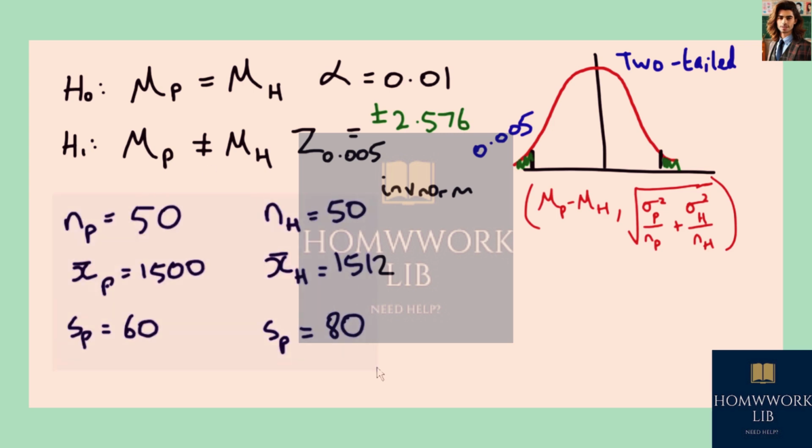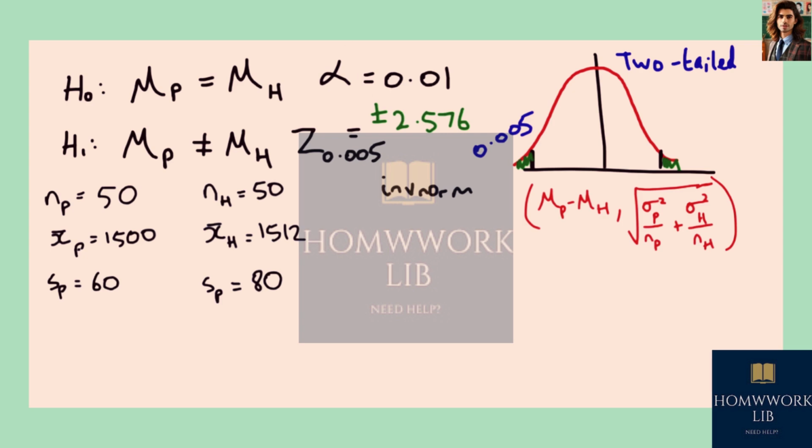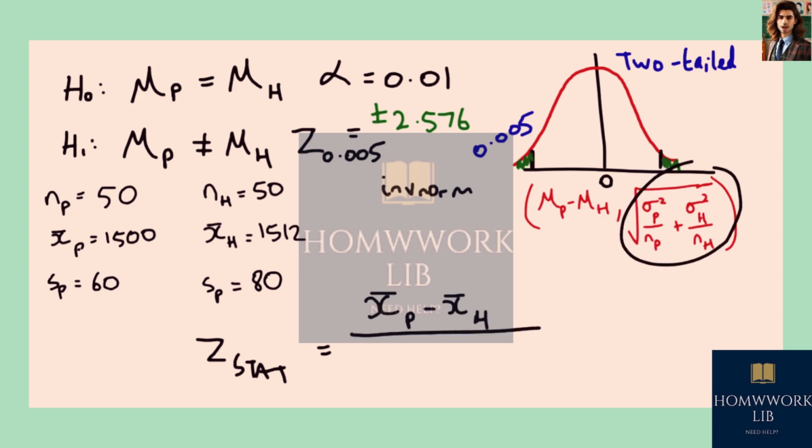Now to get that z-score, you take your raw value. So the z-stat is the raw value, which is x bar p minus x bar h, minus the mean of this curve. Well, we think these are the same, so we think this is just 0. And divide by the standard deviation, which is this thing here. We don't have the population standard deviation, so we have to use what we do have.